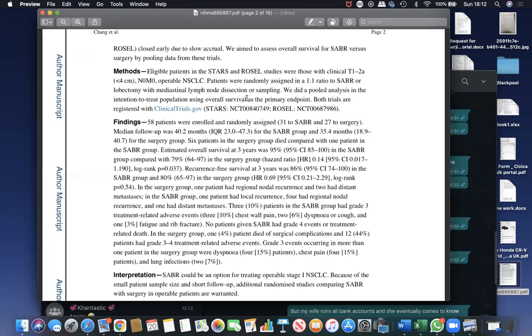So overall survival, what the hell do you mean by overall survival in lung cancer? Does it matter to the patient whether he's alive at 1 month, or whether he's alive at 5 years or 10 years? What matters is long-term survival. So they've not written overall survival at 10 years.